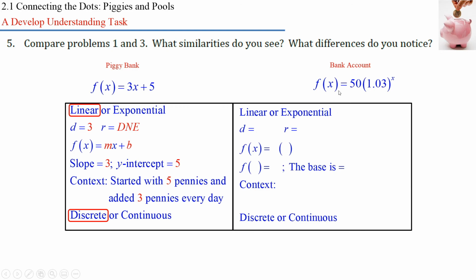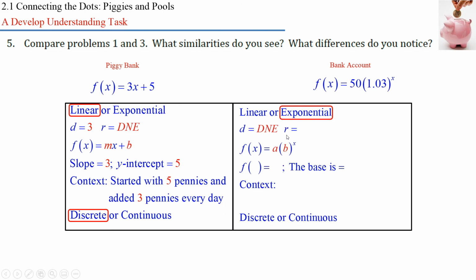Now, let's look at our bank account problem. And let's start with the general form of this function right here. And I hope you're recognizing this is exponential. f of x equals a times b to the x power. So a times b to the x power is exponential. f of x equals m times x plus b, that is linear. All right. So if I'm exponential, I do not have a common difference in my sequence.